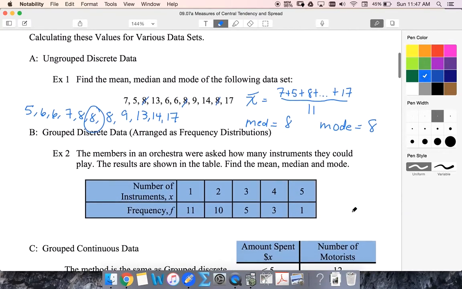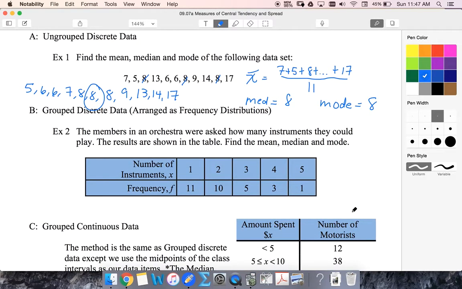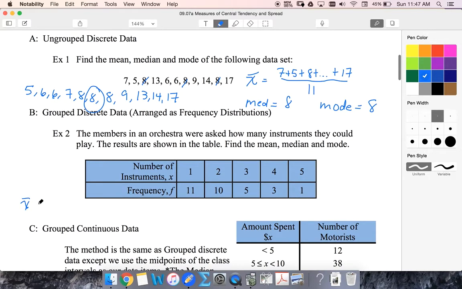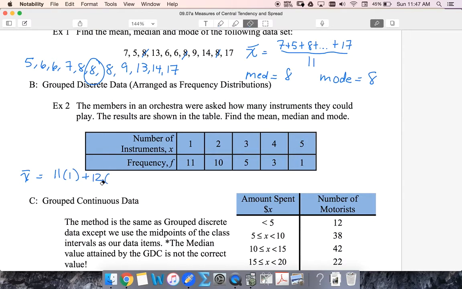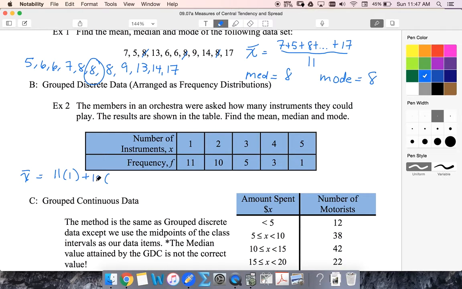For a grouped data set, I want to do the same idea. I want to have my numbers, and for mean, I want to add them all up. So I have 11 ones, 10 twos, 5 threes, 3 fours, and 1 five.